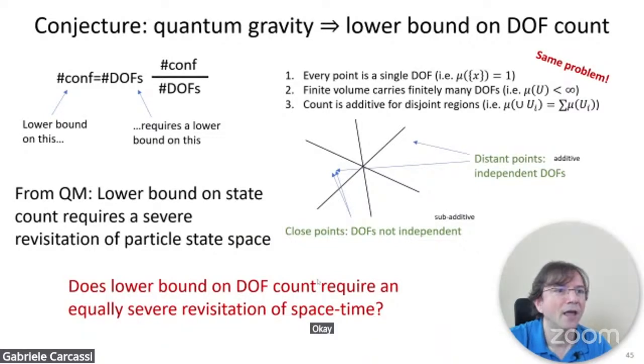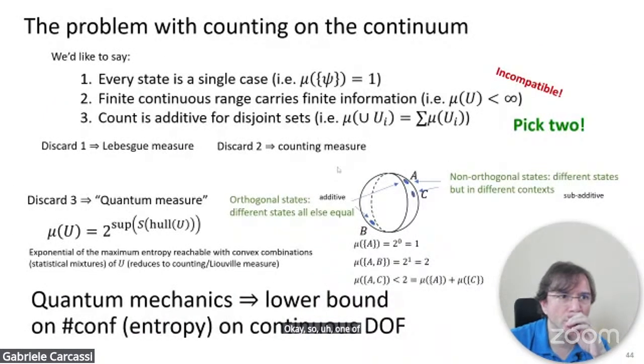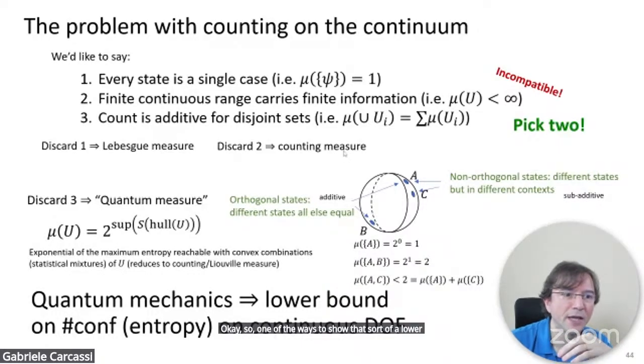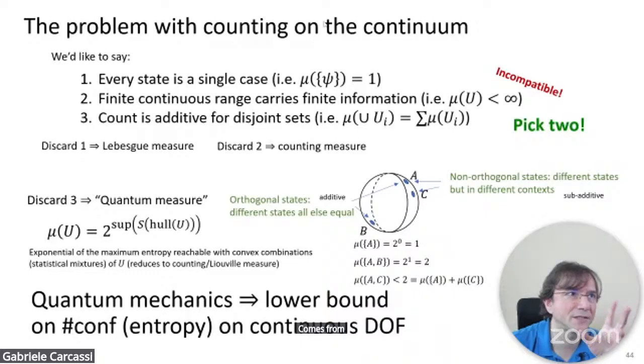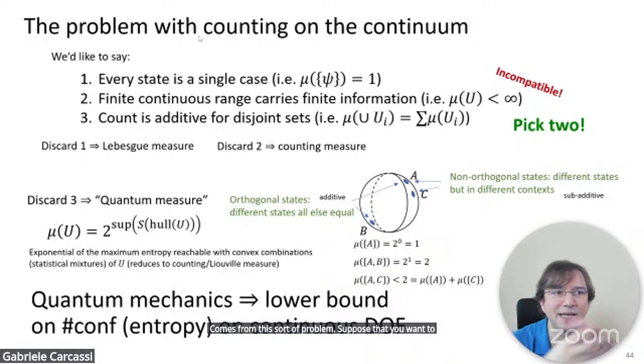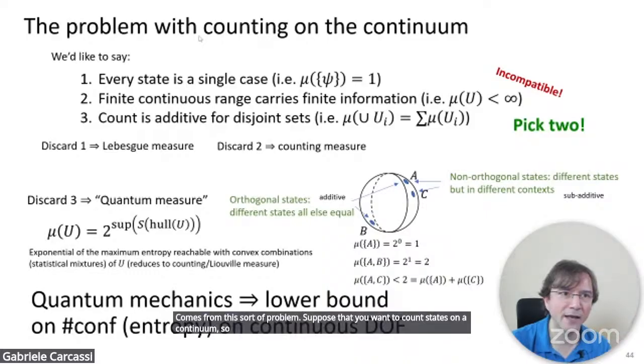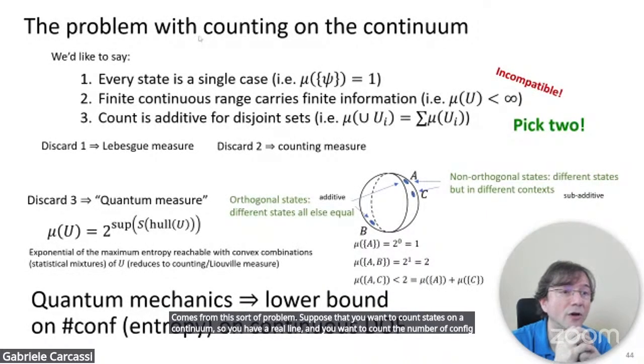Okay, so one of the ways to show that a lower bound on the entropy has to break, in some sense, the classical ways of thinking about states and so on, comes from this problem. Suppose that you want to count states on a continuum. So you have a real line, and you want to count the number of configurations on the real line.